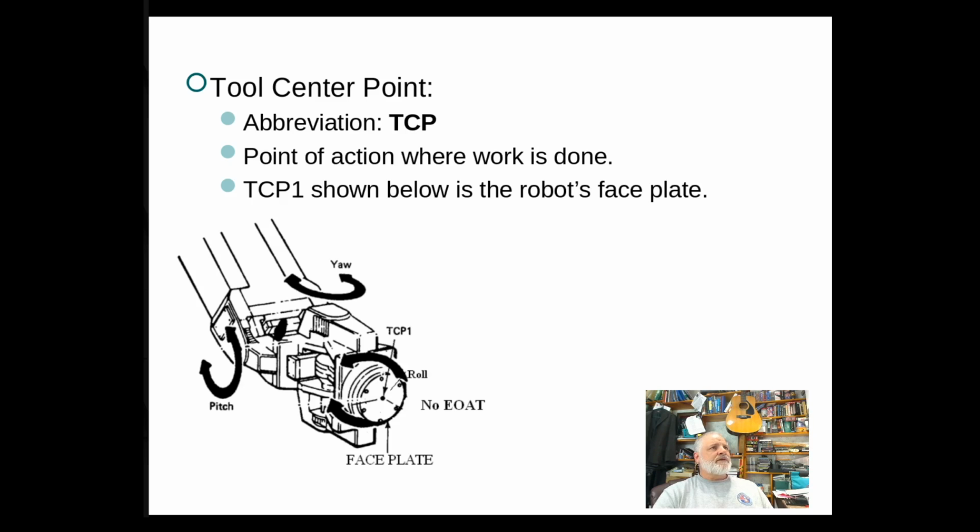Another term here is the tool center point. The tool center point is that point in space that we need. That's kind of like your working point in space. So you have the faceplate, which is the tip of the robot, and is going to be several inches in size, but the tool center point is going to be dead center of that faceplate.